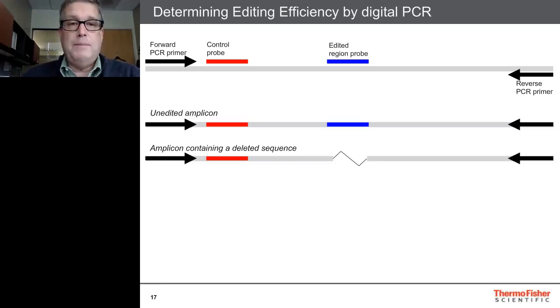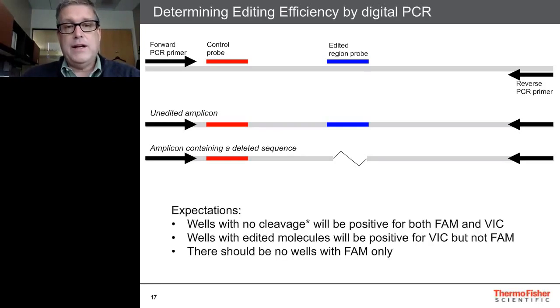And so what will happen is that in the presence of unedited amplicons where there has not been an edit, both probes will bind and you'll get both a VIC signal and a FAM signal. However, where there has been a genome edit, an editing event that has taken place, the FAM-labeled edit probe will not be able to bind, but you will get a signal from the control VIC-labeled probe.